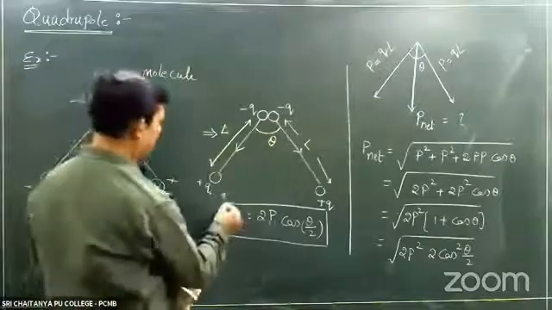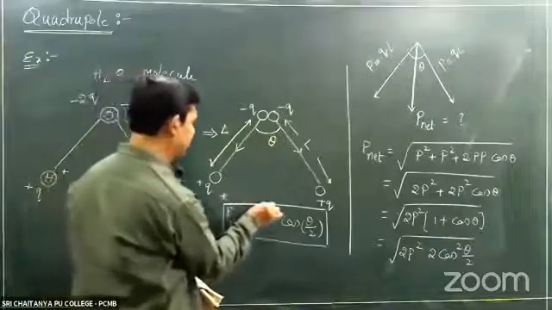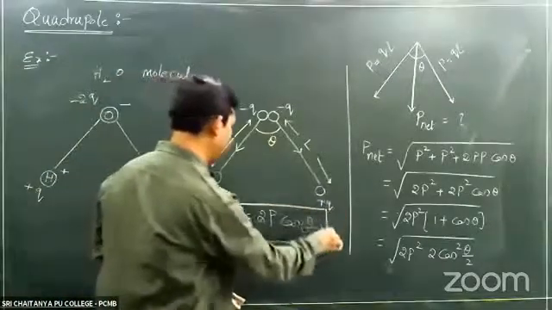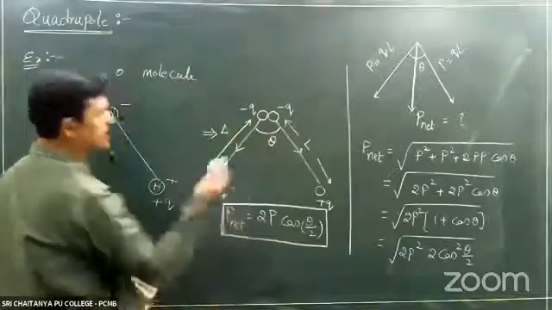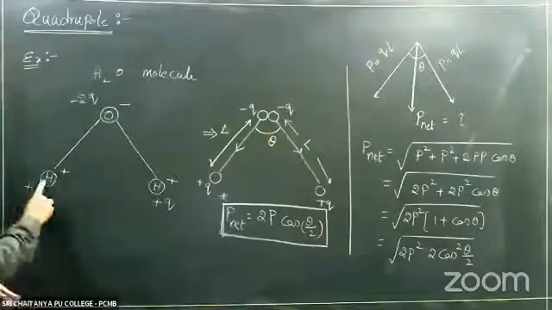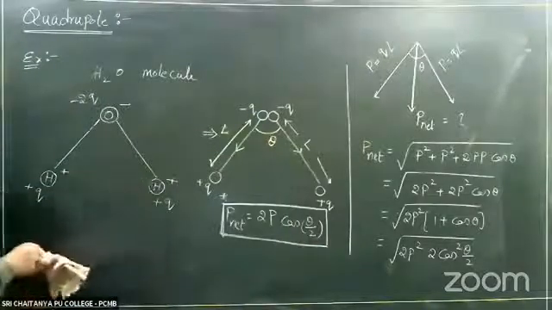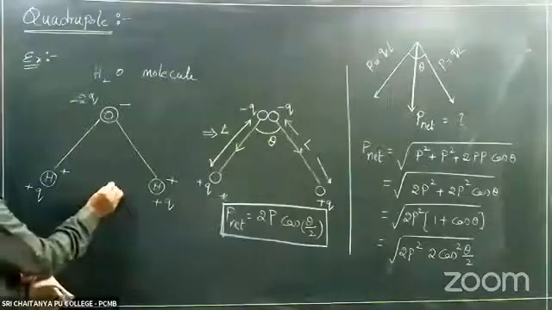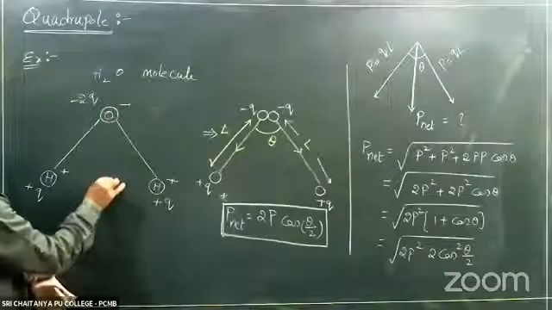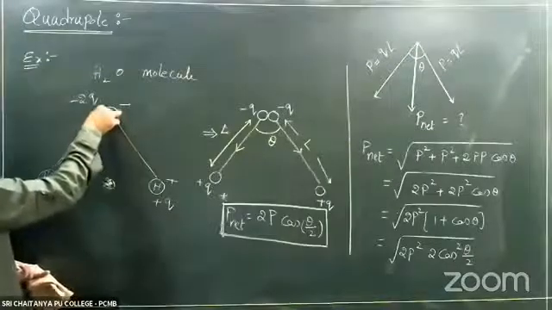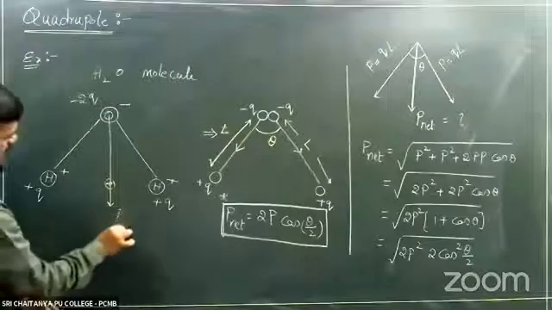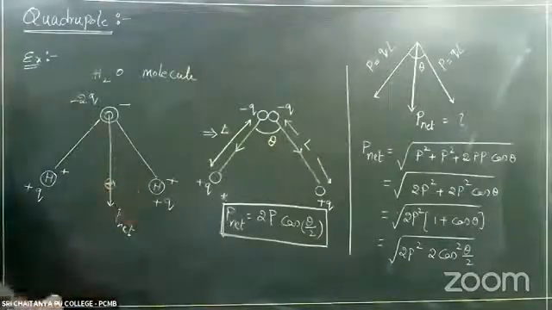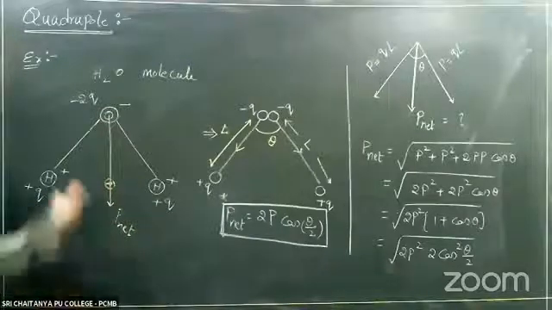For this type of quadrupoles, what is the net dipole moment? Here the thing is, for this positive, the positive center lies at somewhere here. So this is negative center. Here is P net. That is what we do.